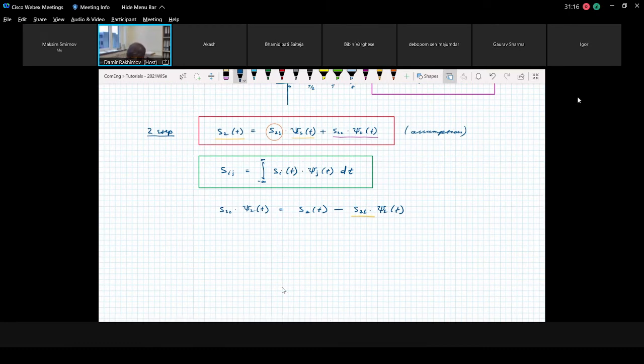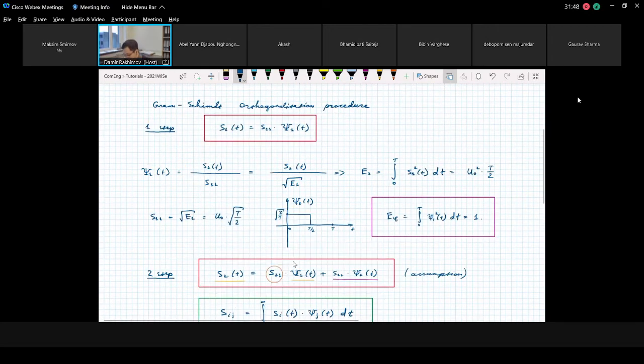Using the expression above, we can say that the scalar S21 we can find as the integral from 0 to T. I replaced these infinite limits by the duration of our signal. And then we calculate the cross correlation between our second signal and the first basis function over time.